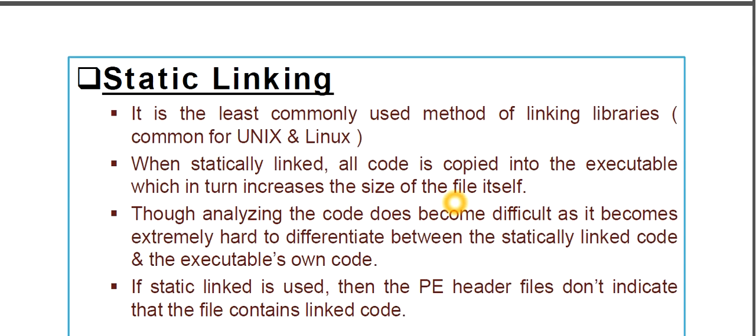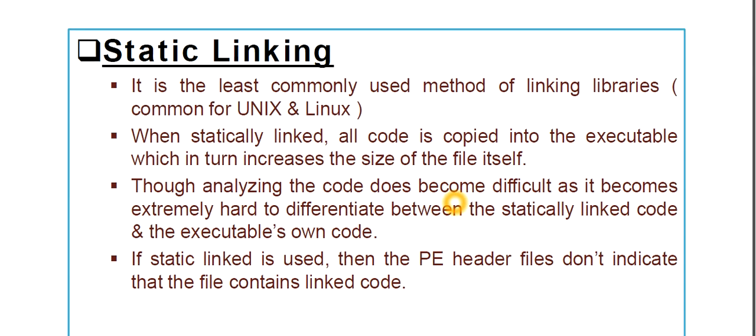Now, the first one is static linking. This is the least commonly used method of linking libraries in malware, and it is most common for Unix and Linux. When statically linked, all the code is copied into the executable, which increases the size of the file itself. Analyzing the code thus becomes difficult, as it becomes extremely hard to differentiate between the statically linked code and the executable's own code.